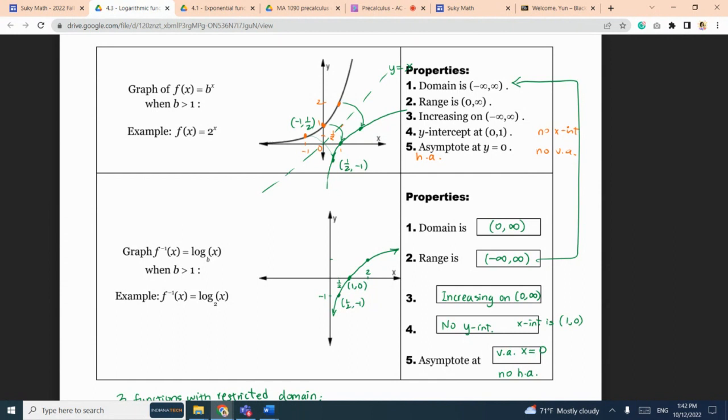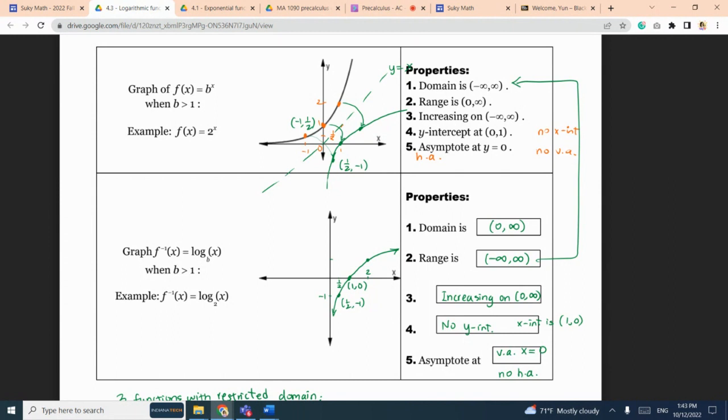Now, what properties do we have? Because it's an inverse function, do you see the domain and range interchange? Our domain is now the range. See, your range from minus infinity to positive infinity, and our range becomes the domain. See, your domain from 0, open, to positive infinity.